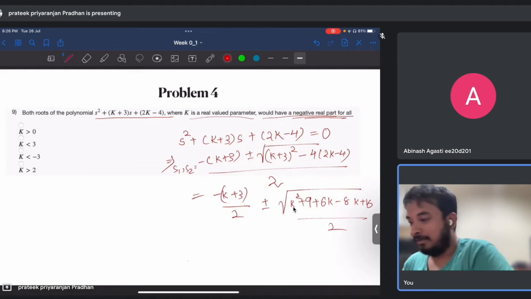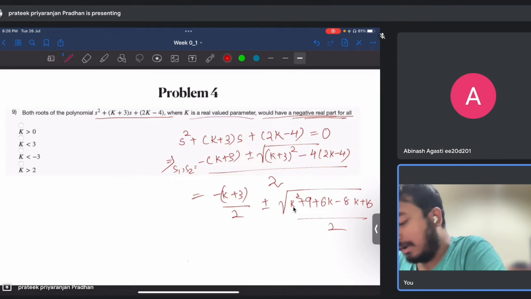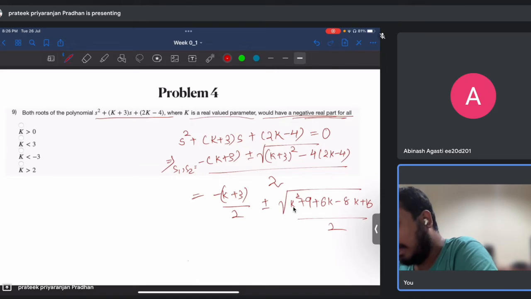Okay, back to the question. Now what we can see is we can take this expression as minus a plus or minus root b, where a is equal to (k plus 3) divided by 2, and b is the expression k square plus 25 minus 2k.